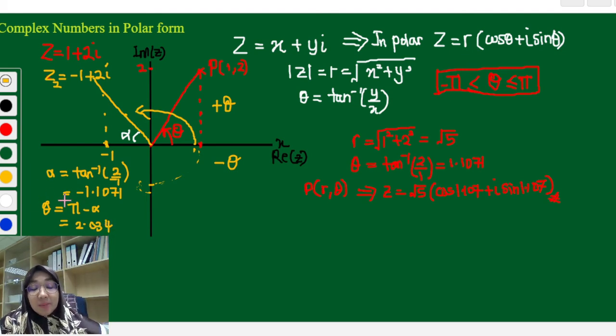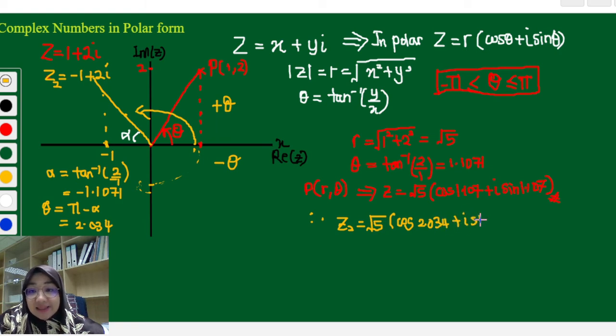So the theta ataupun argument of Z2 ni adalah 2.034. So therefore, in polar form you have Z2 is equal to root 5 yang sama, okay, modulus of z dia sama, multiply with cos 2.034 plus i sin 2.034. Alright? Boleh kelas? Clear?